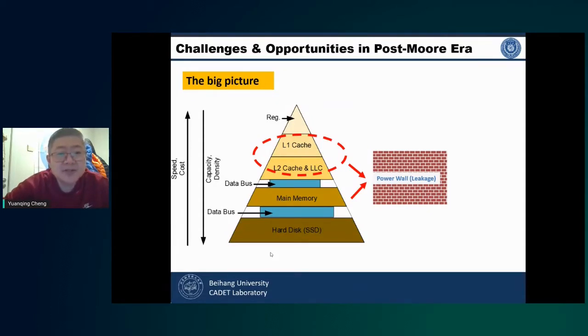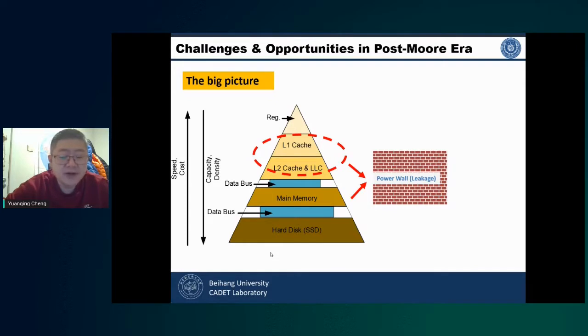As the technology node shrinks down, we have many challenges, but also many opportunities in the post-Moore's era. And as we see in this big picture, we have a very complex memory hierarchy in modern computers. For example, we may have an L1 or L2 cache, or even last level cache on chip.